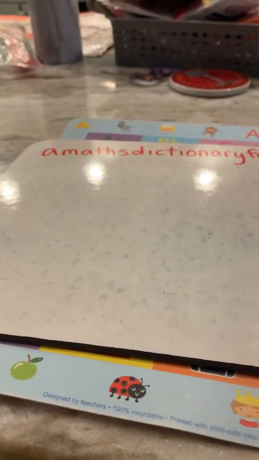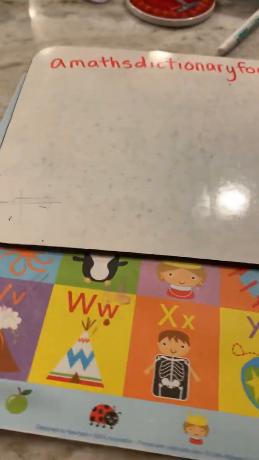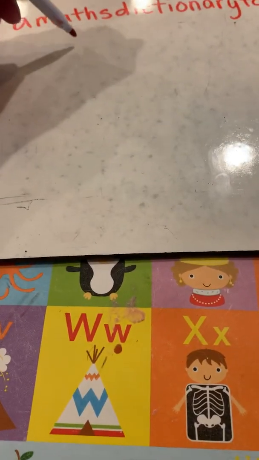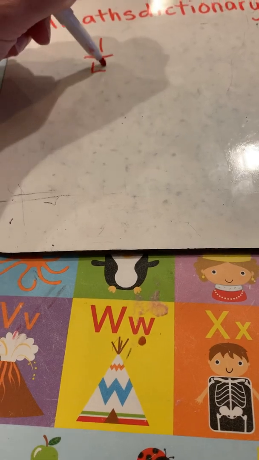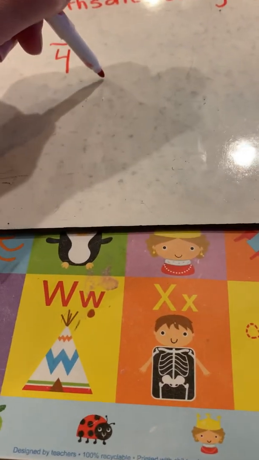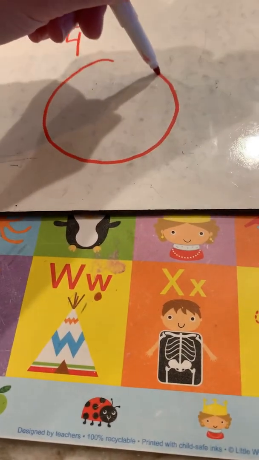So I'm going to show you a couple different ways we can write out a fraction, or at least draw it, by doing a model. My motto is when in doubt, draw it out. I'm going to show you exactly how I could draw something like, let's just say, 1/4. So we can draw a circle.